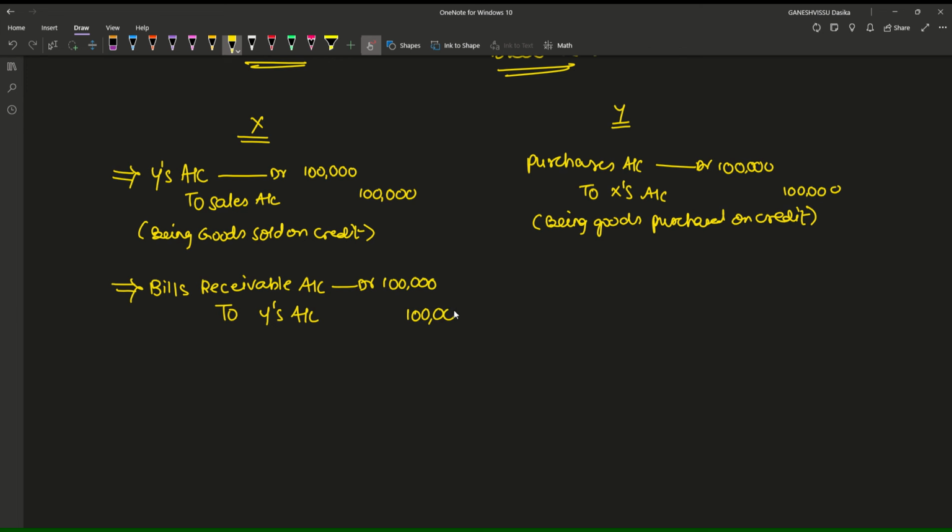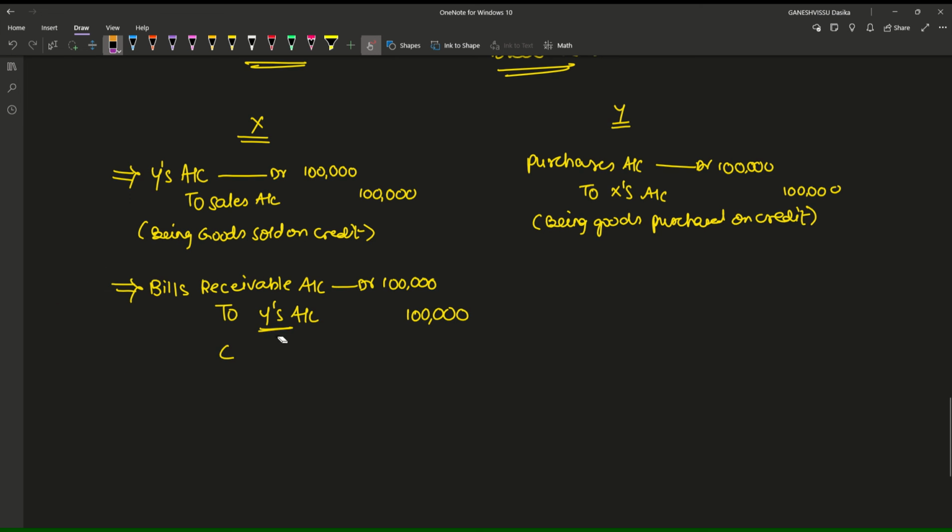The bill coming in acts as a current asset. Previously Y is like a debtor, and due to this bill, Y is removed from the books of debtors, and in place of that debtor, a bills receivable is there. This is how accounting is magic.